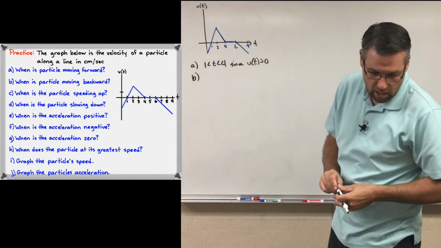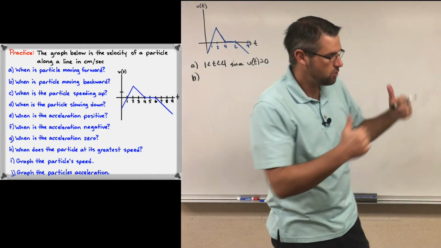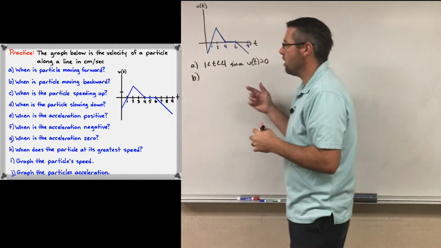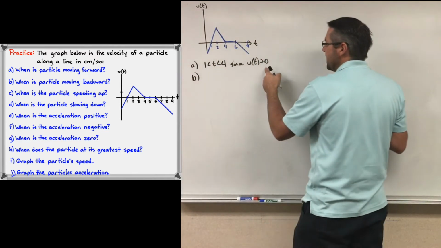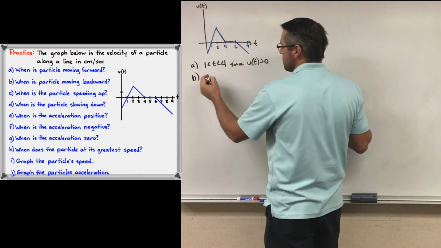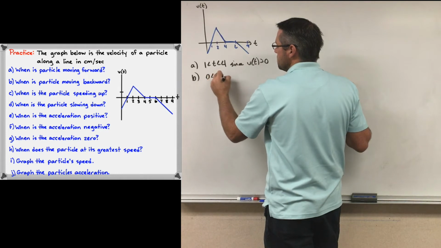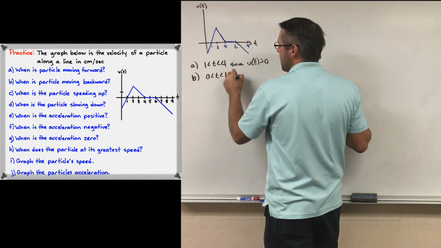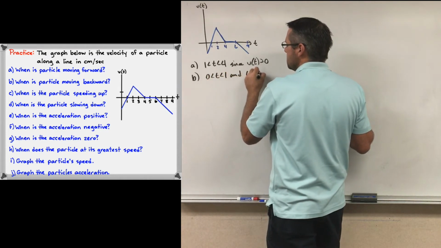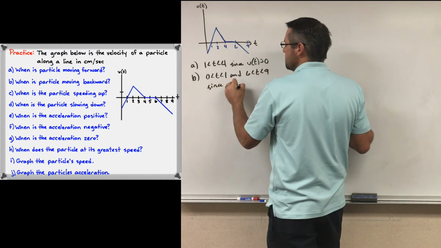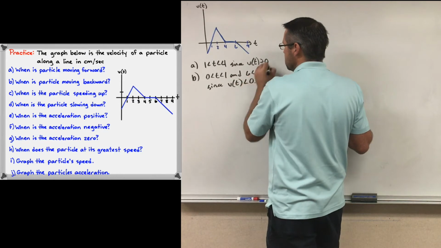Part B says, when is the particle moving backwards? So when are we moving in that direction? So moving backwards, that's the exact opposite of this. That would imply when velocity is negative, because remember, velocity always gives us direction. So velocity is negative over the interval 0 to 1 and 6 to 9. And the justification would be since v of t is negative or less than 0.